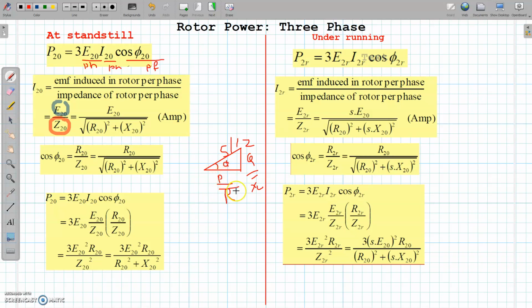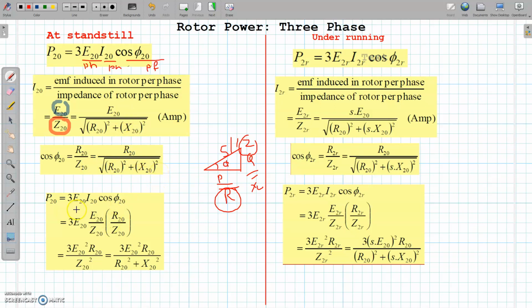So cos phi is R divided by Z, that is R20 divided by Z20, the standstill resistance upon standstill impedance. Z20 is already calculated as the square root of R20 squared plus X20 squared.